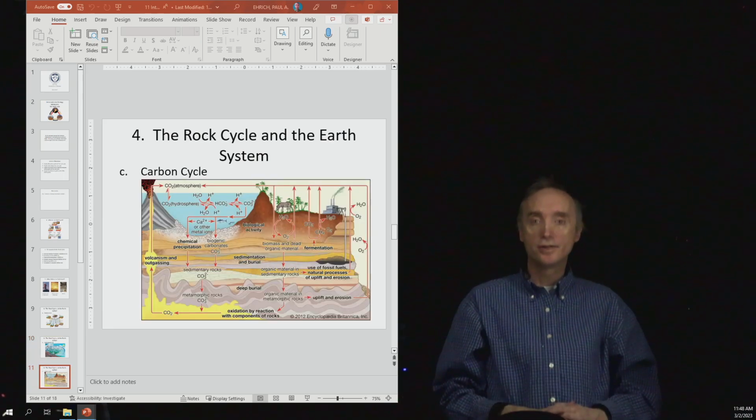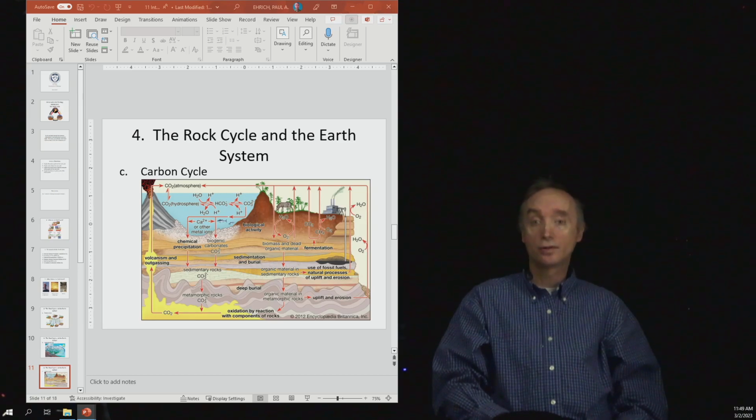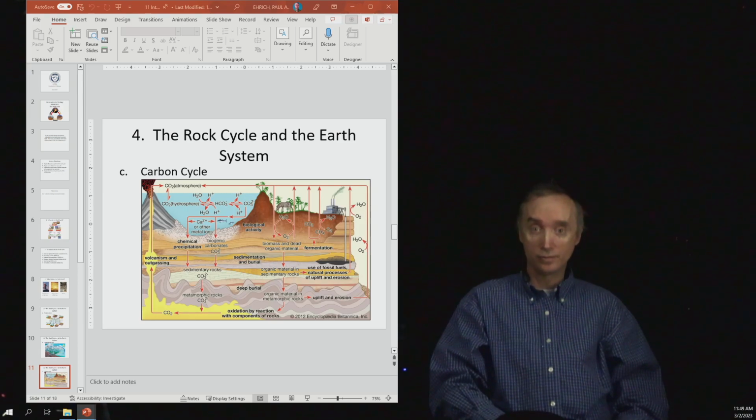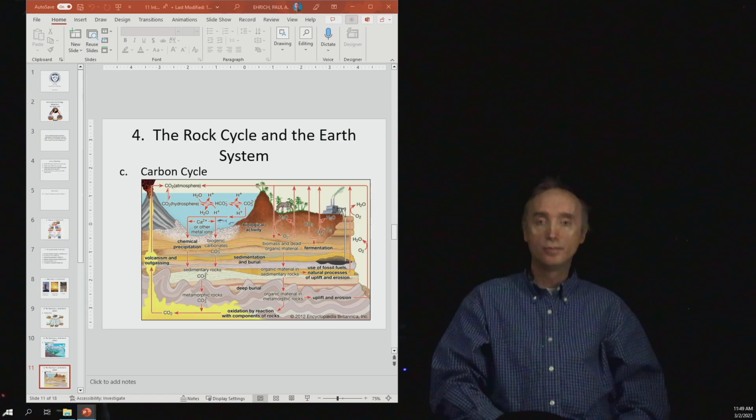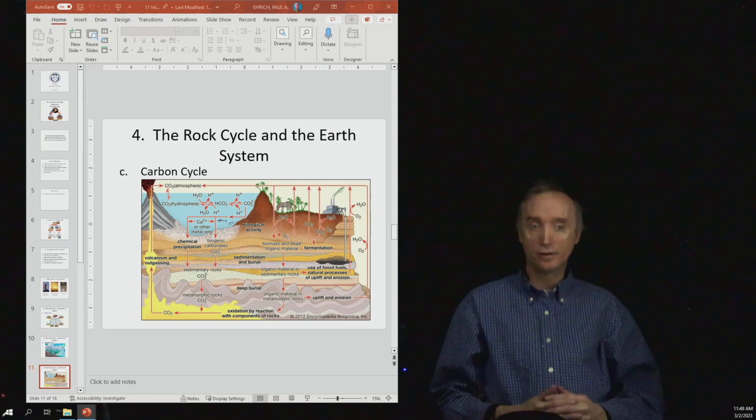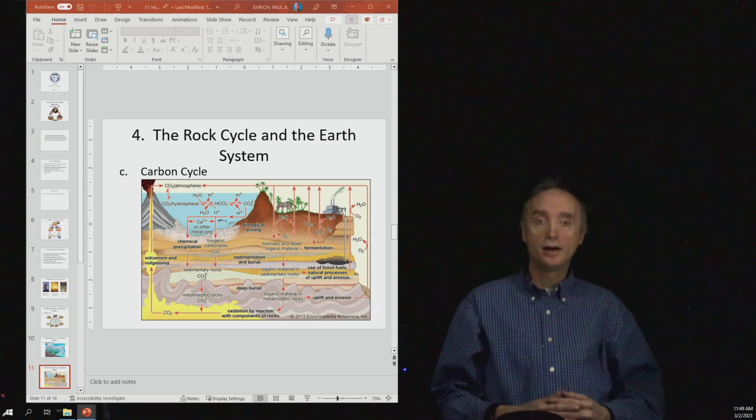Okay, now let's talk about the carbon cycle. Where does carbon dioxide come from, and where does carbon dioxide go? It's very similar to the hydrological cycle. Let's assume that carbon dioxide comes out of volcanoes along with the water. It goes into the air, and then it can be washed out of the air by rain.